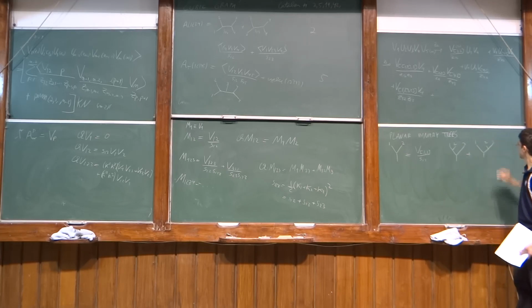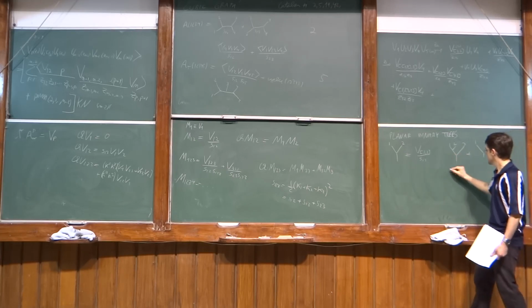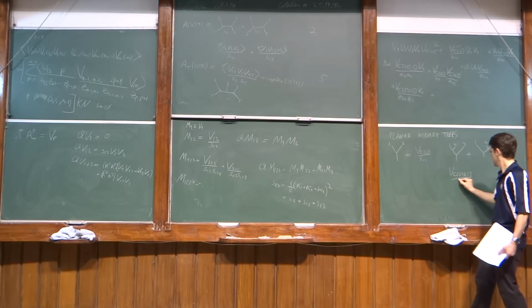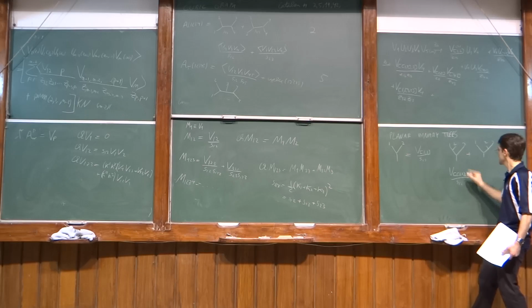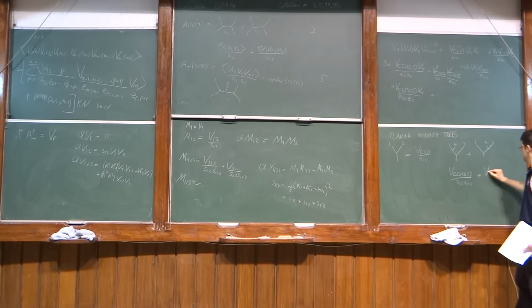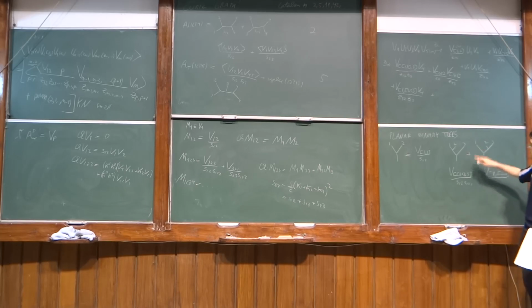This one is V123 over S12 S123, so the momentum from here and the momentum from there, plus V with 1 and then bracket 2, 3. So you see that I simply write down all trees and map to the vertex with the same bracket structure.